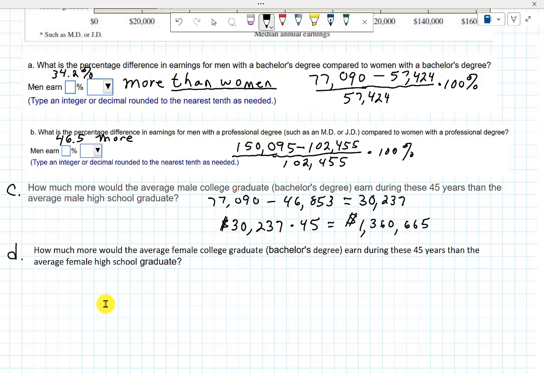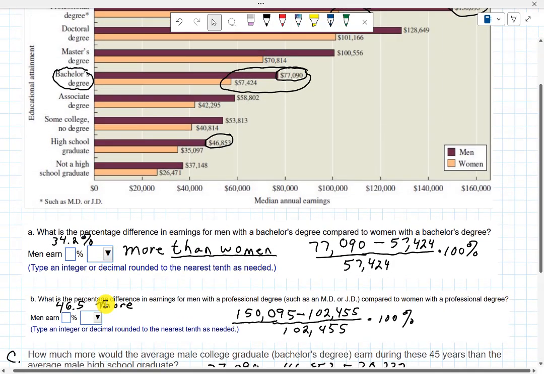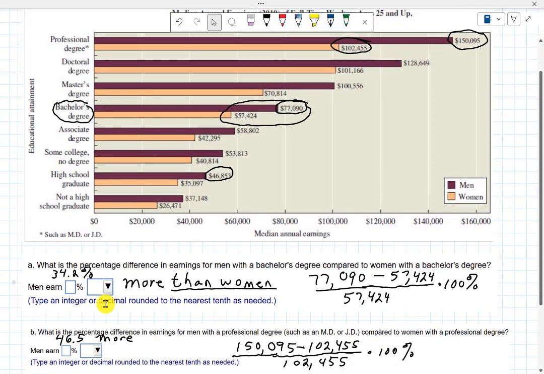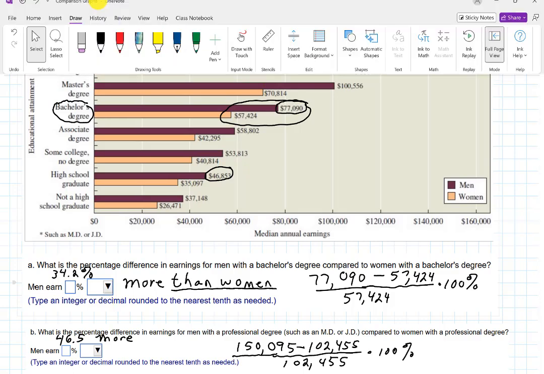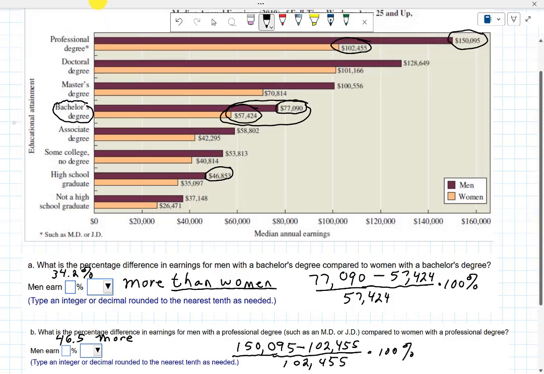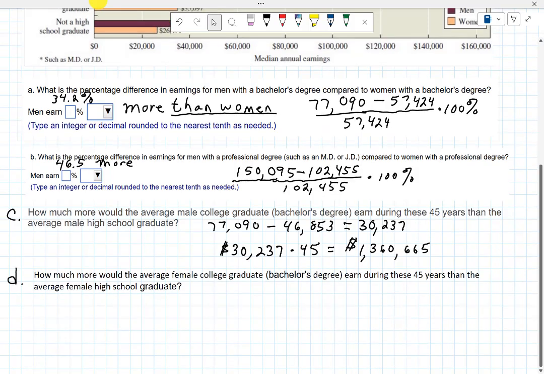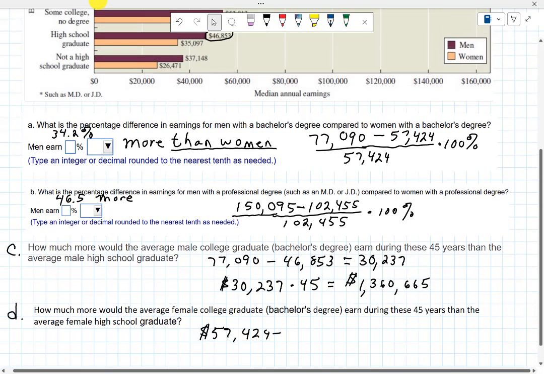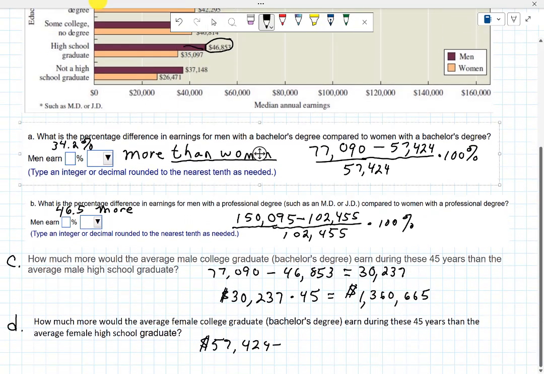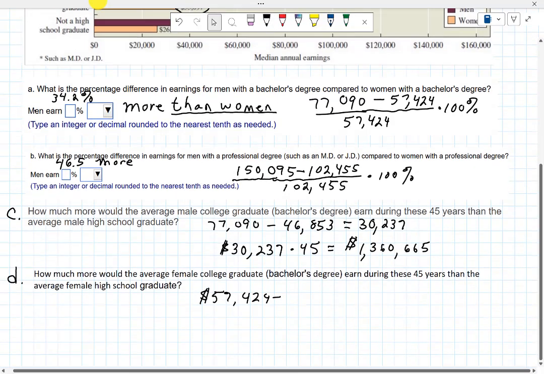Part D is the same question that we asked in Part C, except we are going to compare the females now. So now the numbers that we're looking for, I am comparing 57,424 and for the high school, 35,097.